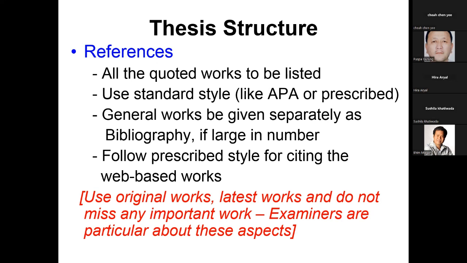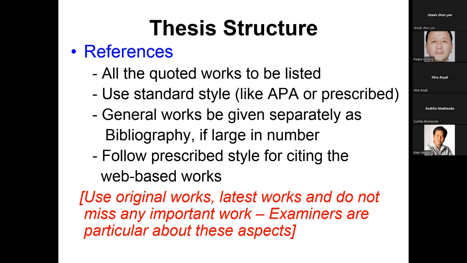We'll discuss the bibliography in a separate class, including what type of style to use: APA, American Psychological Association, MLA system, and Chicago Manual. These three are very popular and are used in making the references or the bibliography.